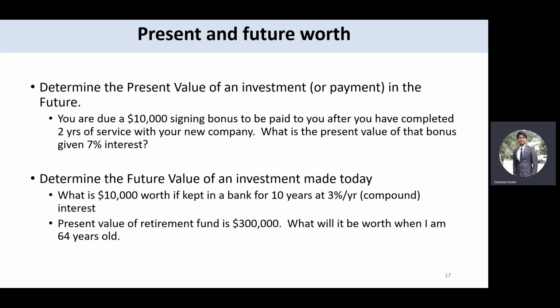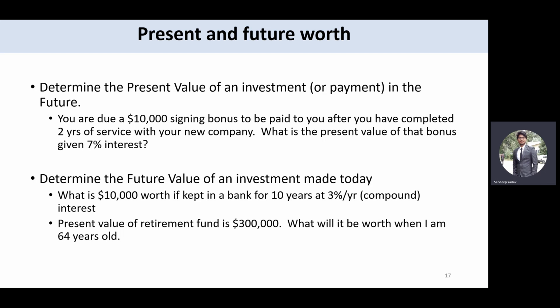Now determine the future value of an investment made today. Suppose you have invested $10,000 today for a period of 10 years at a 3 percent per year compound interest. Similarly, you can calculate the present value and the future value from the formulas that we have studied in the earlier slides.